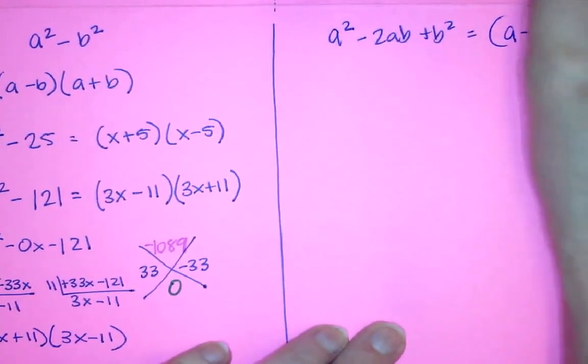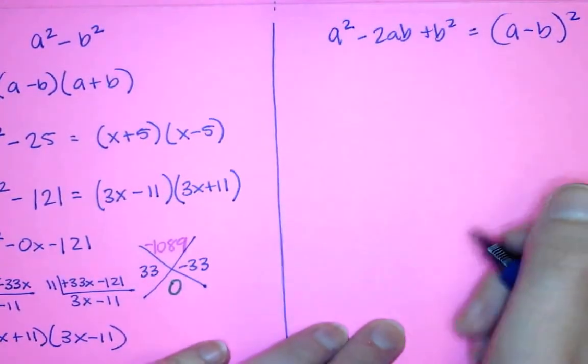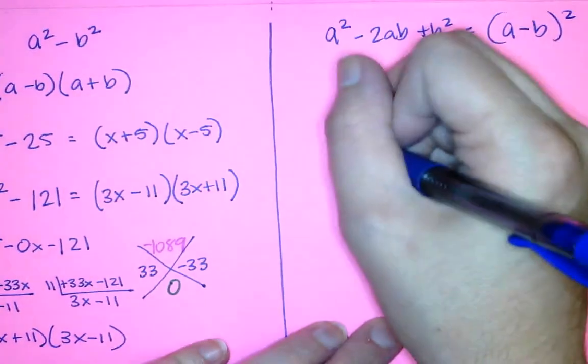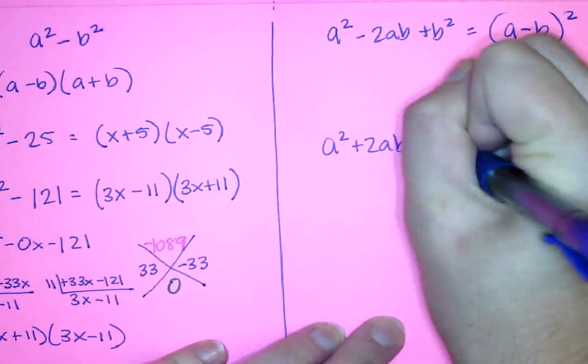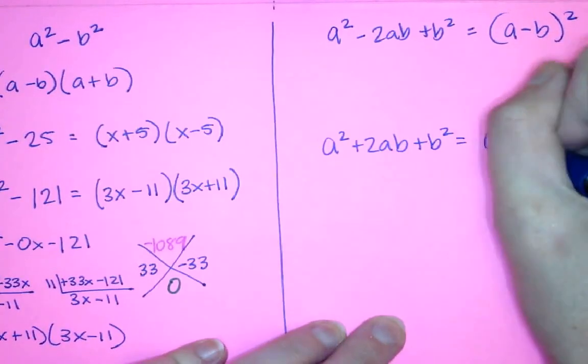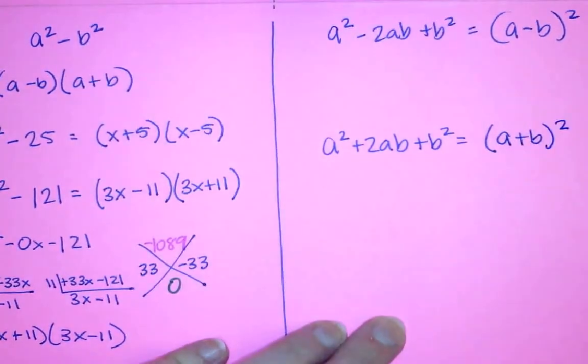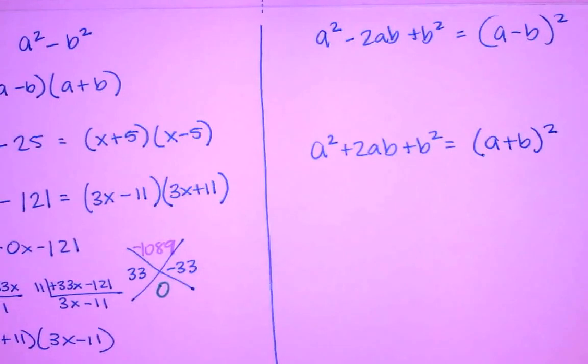And then if you had a squared plus 2ab plus b squared, you have a plus b squared. These are our lovely little perfect square trinomials, correct? If you can recognize the pattern for those perfect square trinomials. Okay? And so I will give you guys a quick example here.